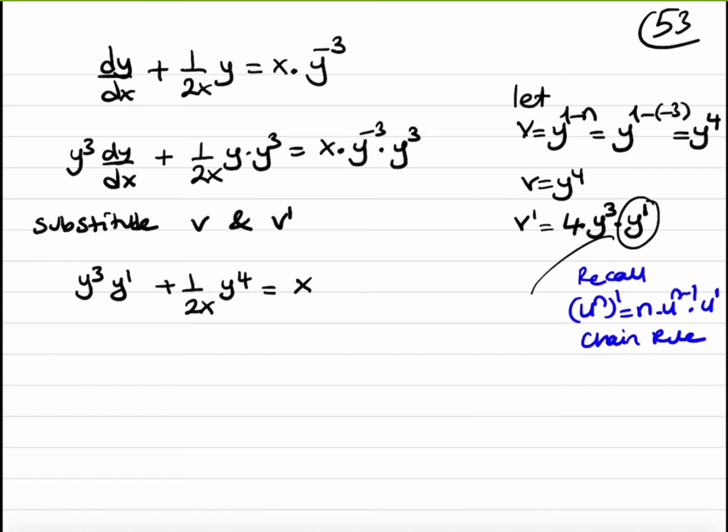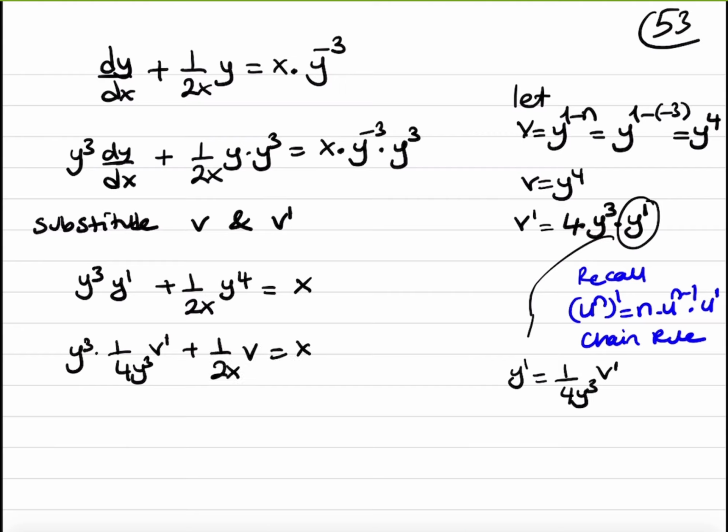So what is y prime here? y prime is equal to 1 over 4 y cubed v prime. So y cubed times 1 over 4 y cubed v prime plus 1 over 2x v is equal to x. So these will cancel. I will have 1 over 4 v prime plus 1 over 2x v is equal to x.